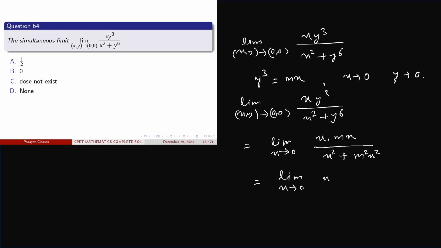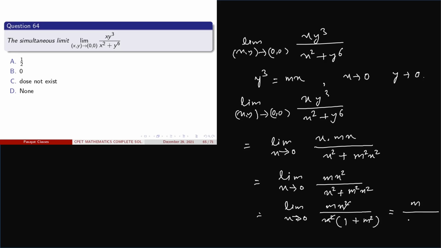Finally we get the limit x approaches 0 of m x square divided by x square plus m square x square. Taking x square common, this is equal to the limit x approaches 0 of m x square divided by x square in whole into 1 plus m square, and this x square cancels out, and the limit is equal to m divided by 1 plus m square.